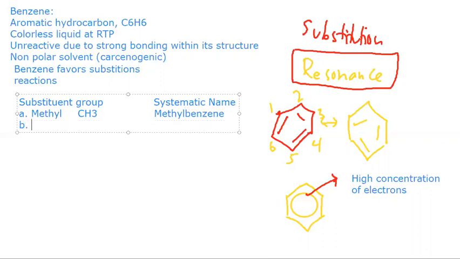If the substituent group is chloro, which is Cl, I will have chlorobenzene.